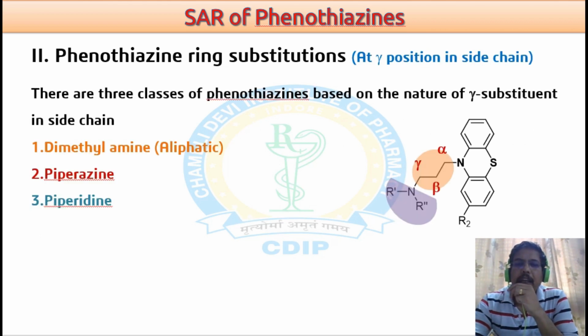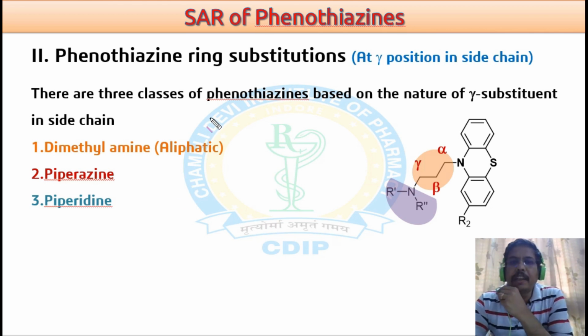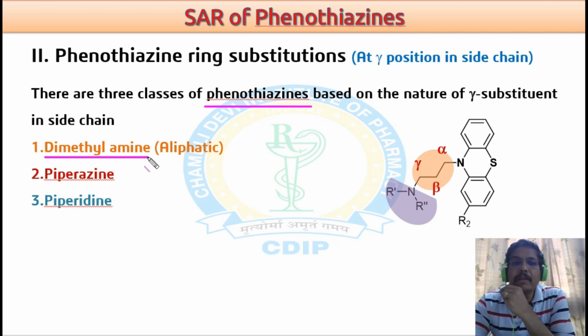Then we look at the substitutions on the gamma carbon. According to that, the phenothiazines are subcategorized into three categories. One in which the terminal gamma carbon bears dimethylamino, that is the aliphatic one, or the terminal gamma carbon bears piperazine, or the terminal gamma carbon bears the piperidine system.